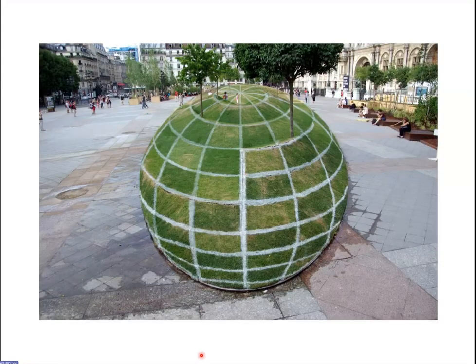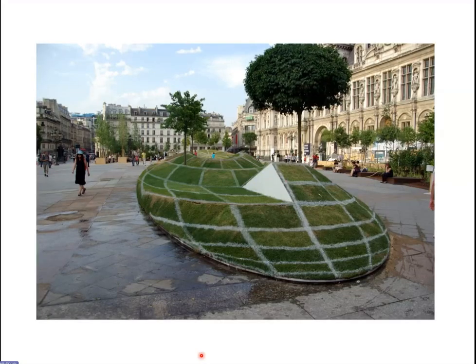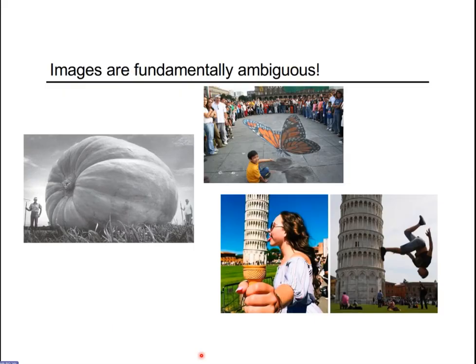And again, this looks like a block, right? But if we change the view angle, in fact, it's a part. This part is in France, Paris. Okay. There are many amusing images.